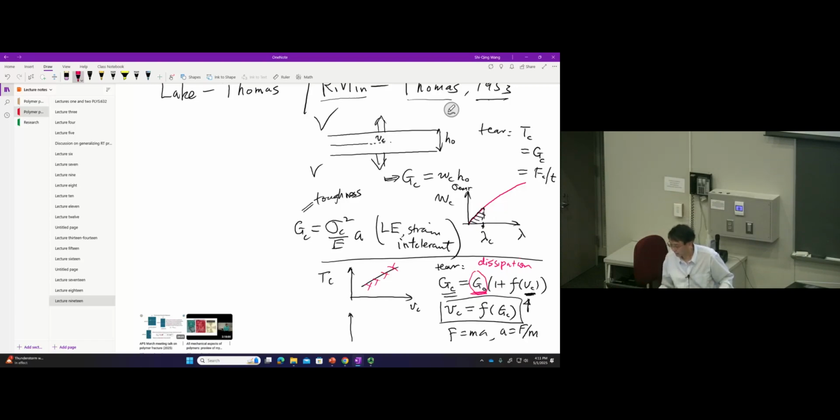So Thomas was quite eager to indicate why this G0 could be much larger than gamma.